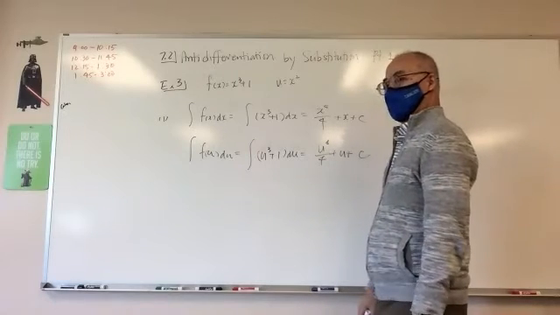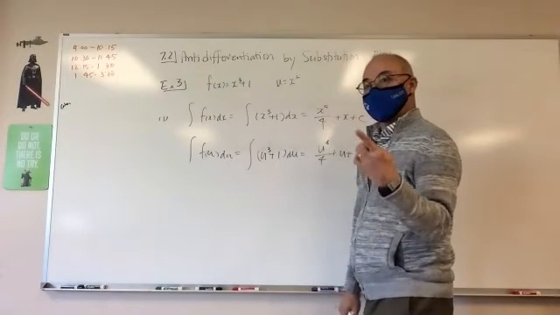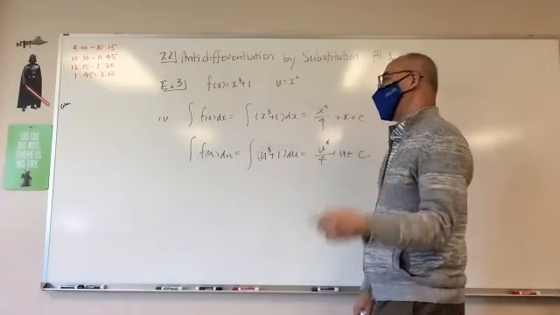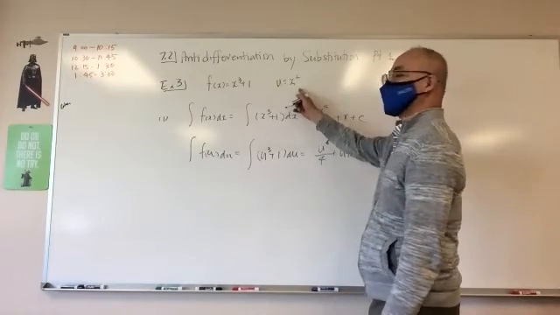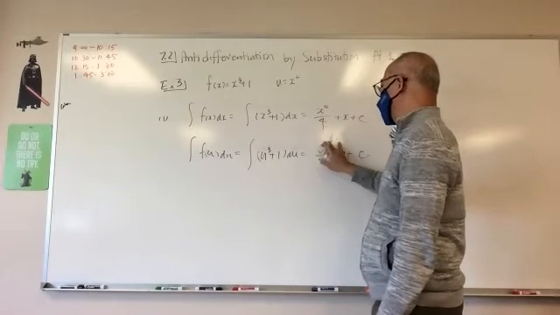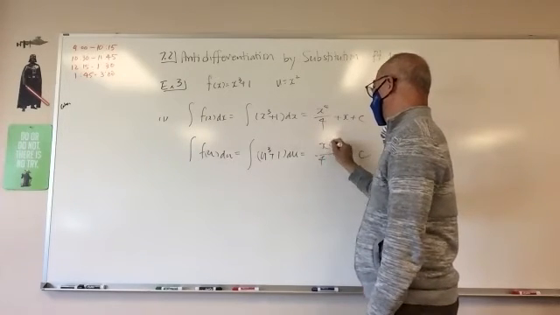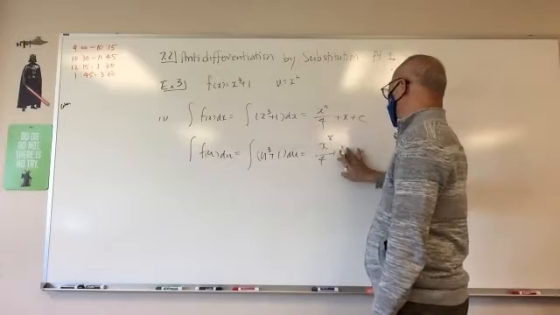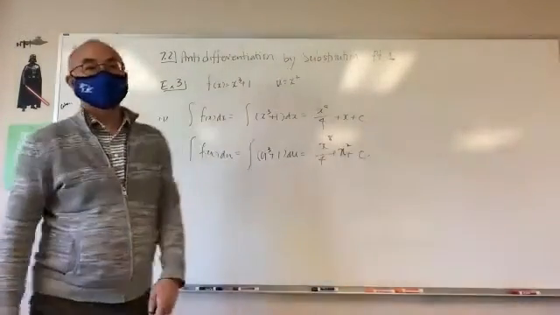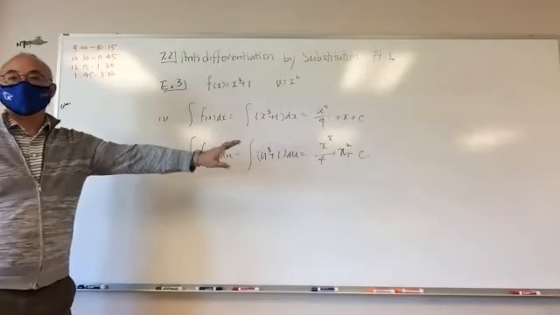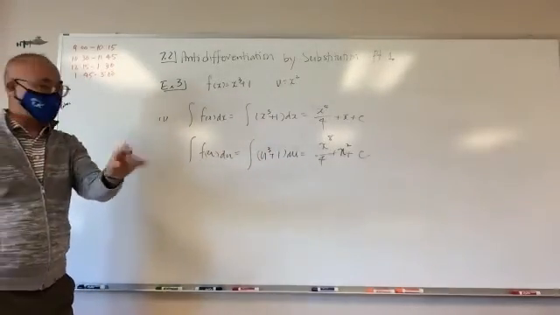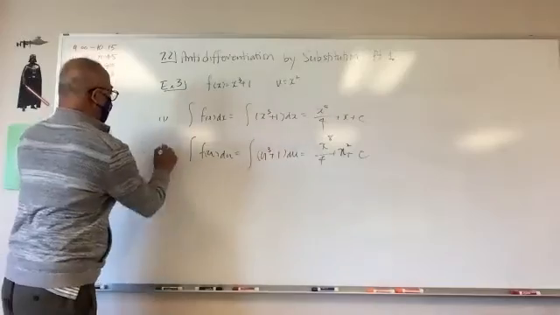And what does the question say? We're going to evaluate this in terms of x. Darn it. So I have to put this guy in here. So this is going to be x to the 8th over 4, and this guy is going to be x squared. Correct? So if you leave it with the u's, you do not get full credit, because it asks specifically in terms of x. Okay, so that's 2.